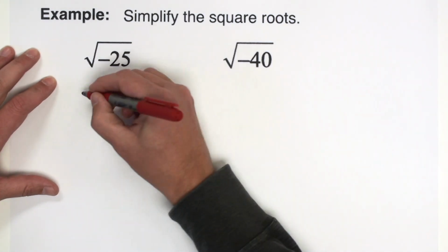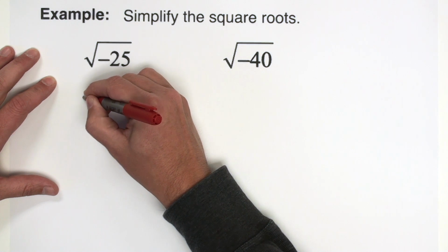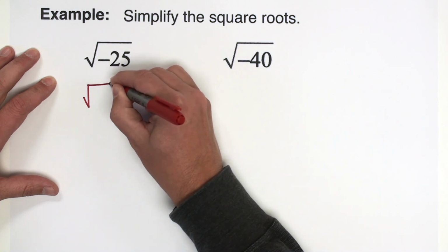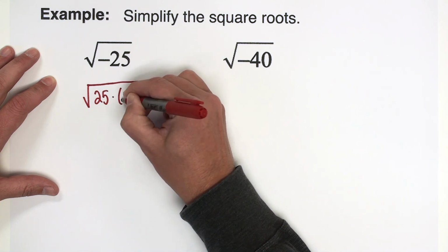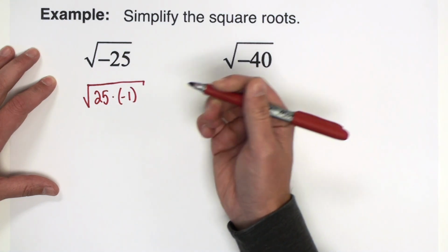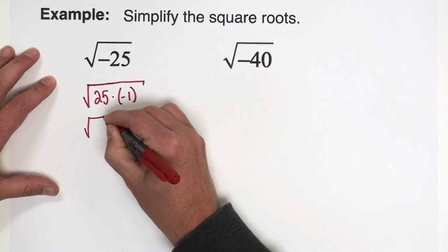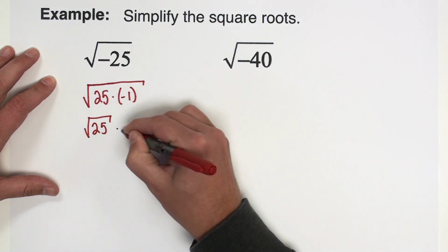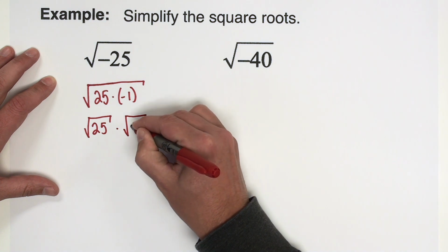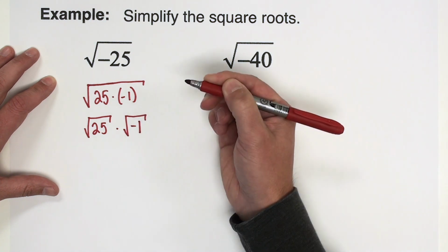Now, √-25, the way I'm going to think of this is as the square root of 25 times -1. And I can split that into the square root of 25, which we know, and the square root of -1, which we've just defined.